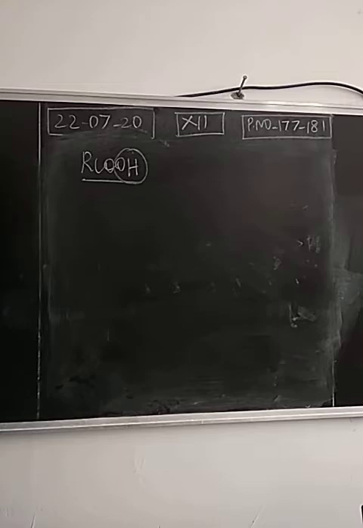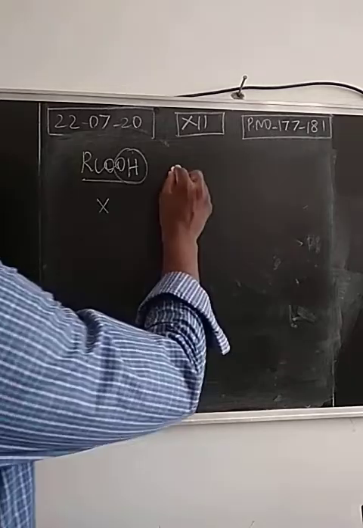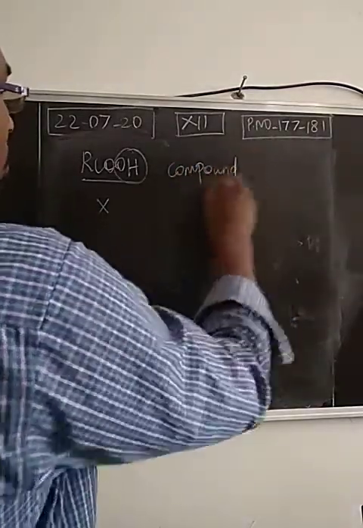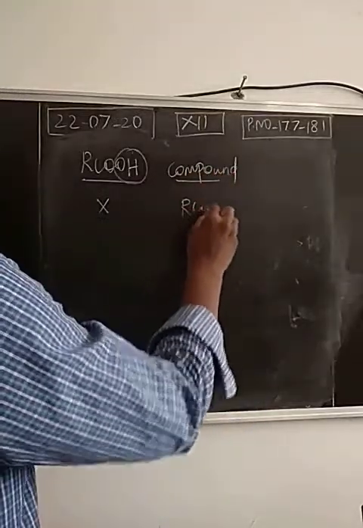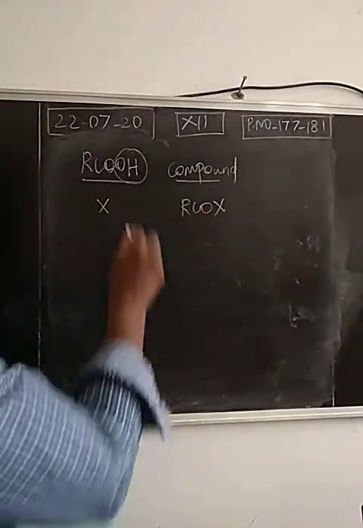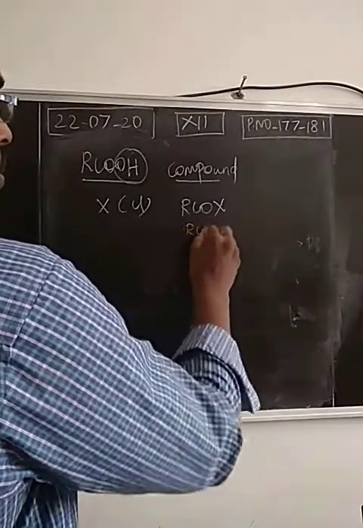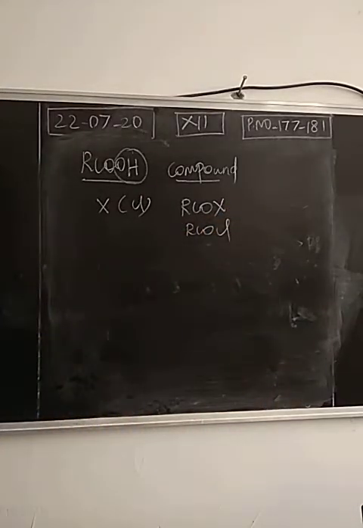So they are called functional derivatives of carboxylic acids. OH can be replaced by a halogen. What is the compound? If it is chlorine, we will get RCOCl. Okay.